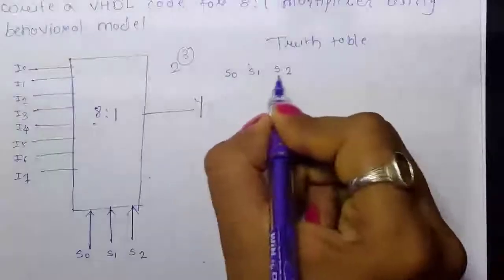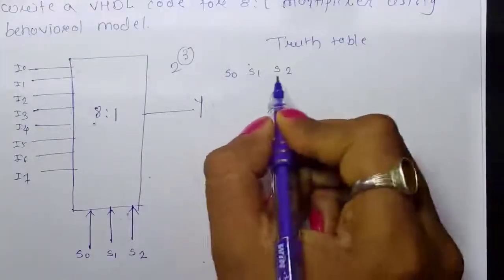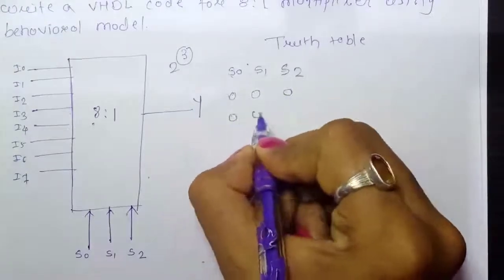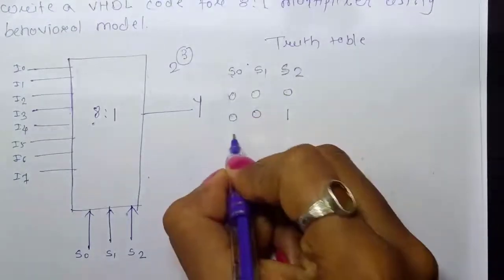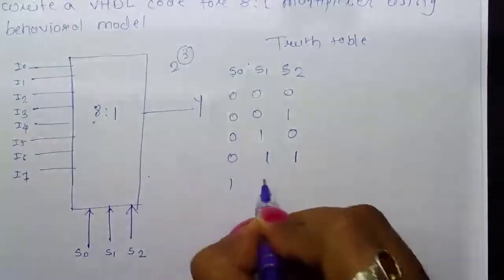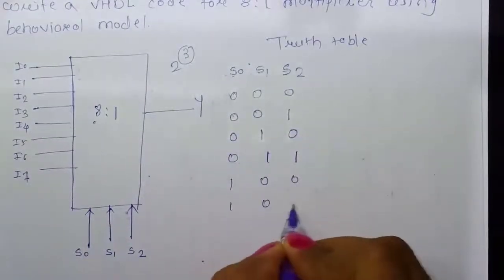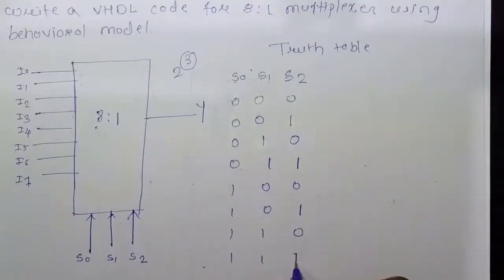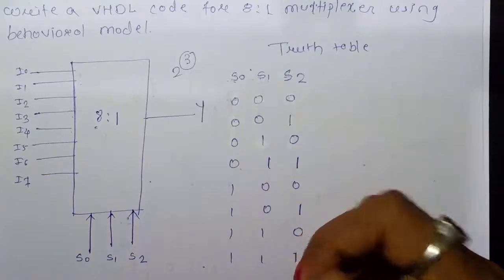Okay, so with 3 selection lines, there are 8 possible combinations: 0 0 0, 0 0 1, 0 1 0, 0 1 1, 1 0 0, 1 0 1, 1 1 0 and 1 1 1, that is 0 to 7 combinations.